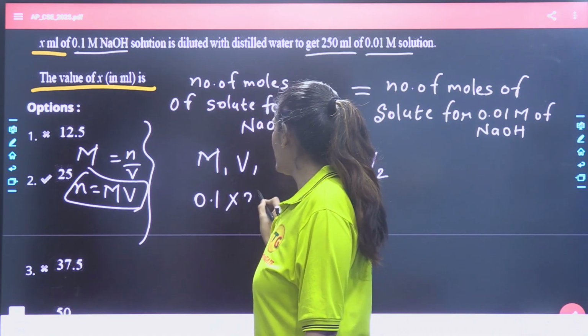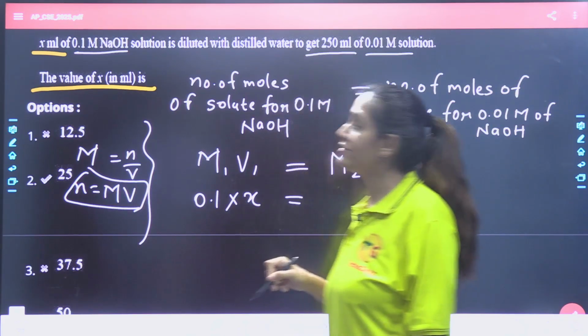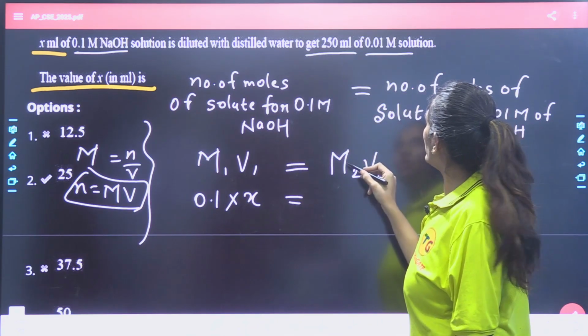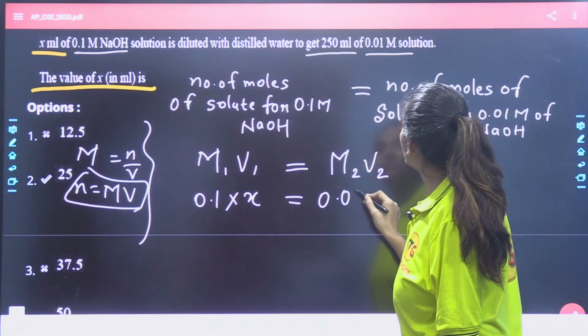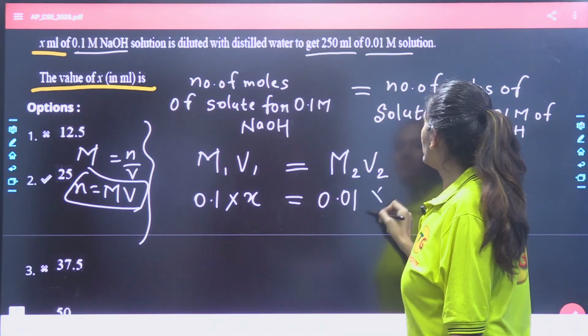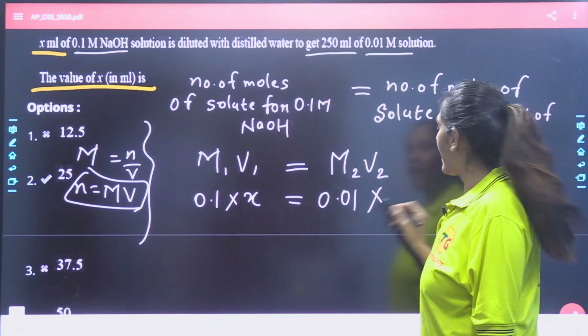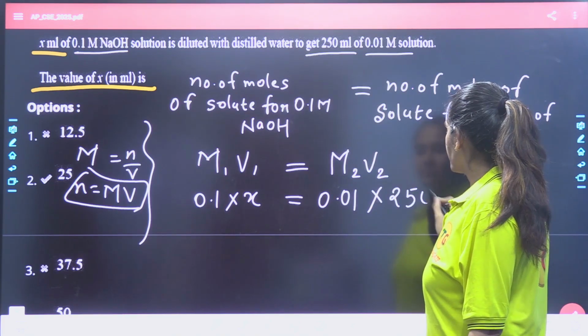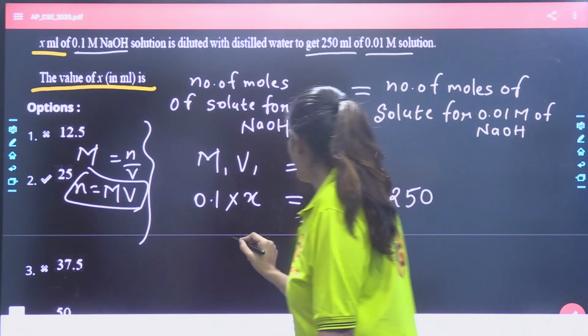Molarity here, what are we given? 0.1. Volume we need to find out. We are given it as x ml. Here the molarity is given as 0.01, and the volume is 250 ml. We would simply solve it.